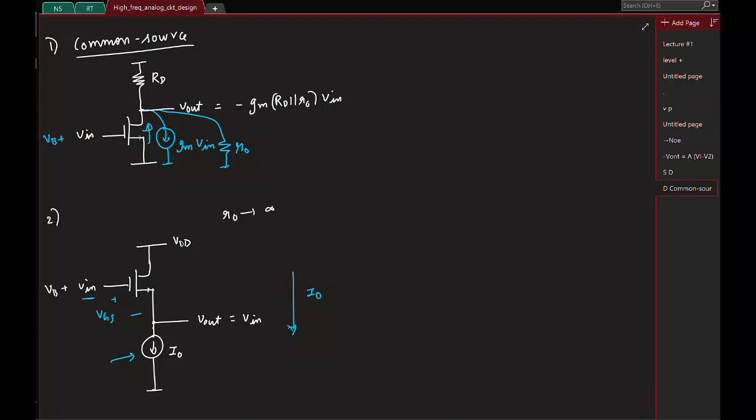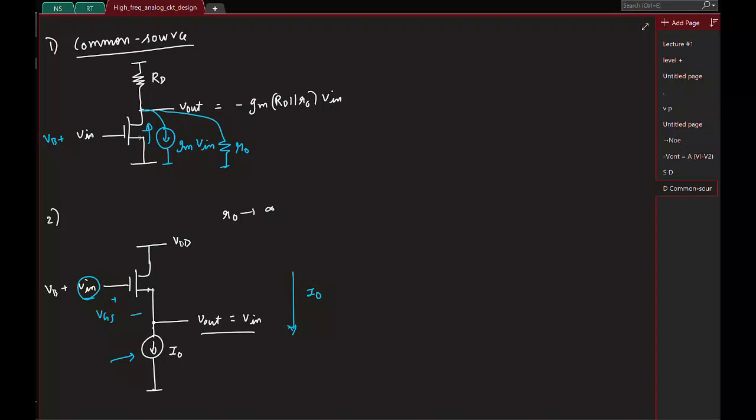So to have a fixed current I0, the gate to source voltage must be a fixed quantity. So if the gate voltage increases by V in, source voltage must also increase by the same amount, so that we have a fixed gate to source voltage. So the incremental V out is the same as the increment in V in, that's all. Okay. So now you see that I have basically a gain of 1, right?